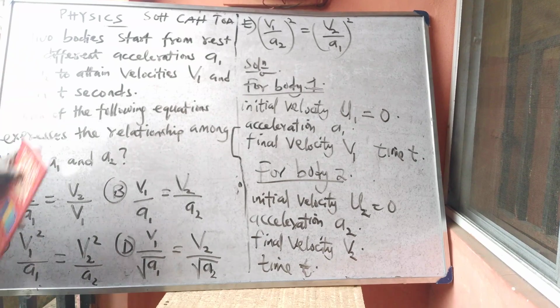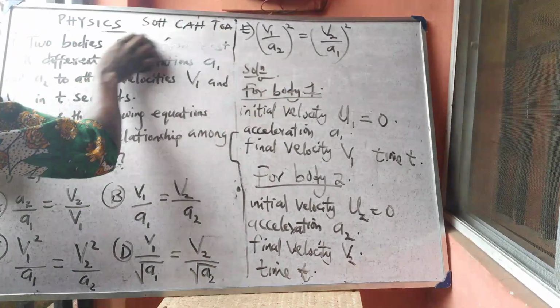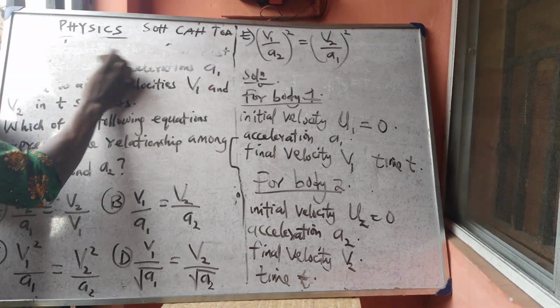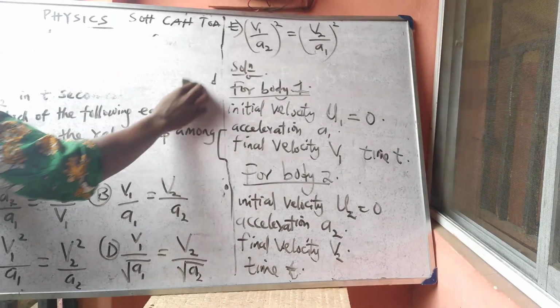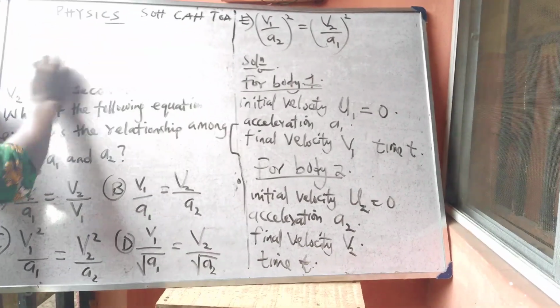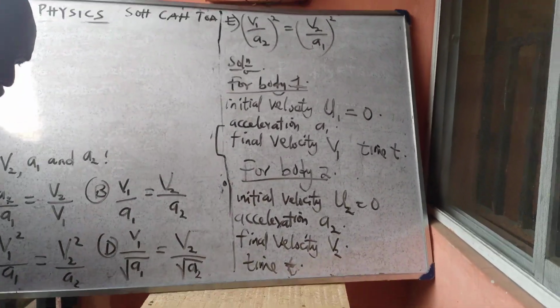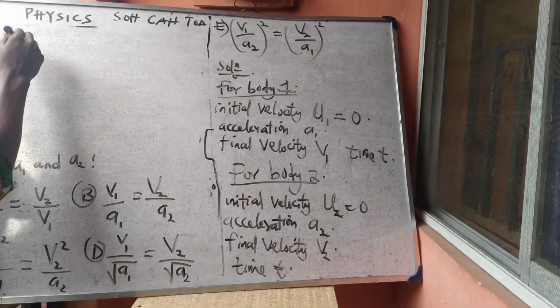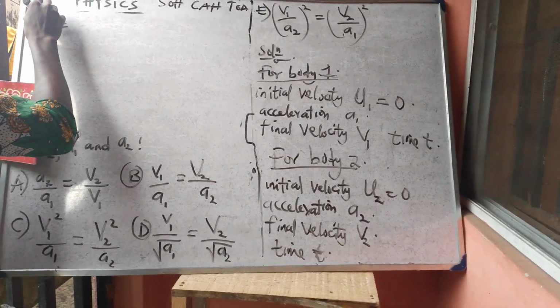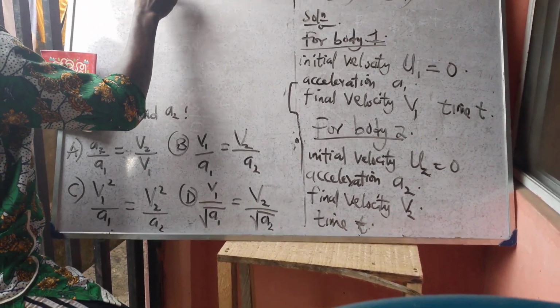Now, like I said previously, there are about 4 equations of uniformly accelerated motion. What are those equations? The first equation is V equals u plus at.